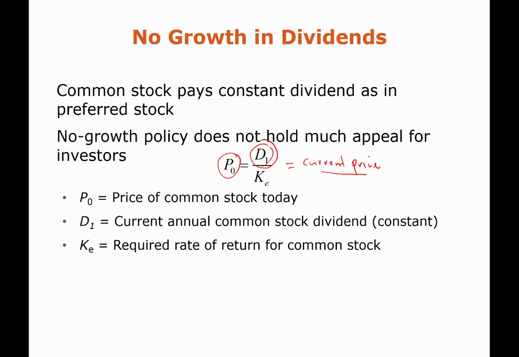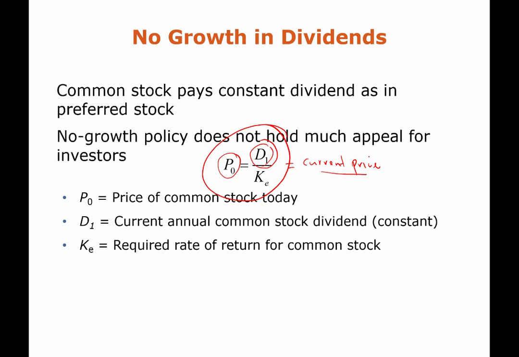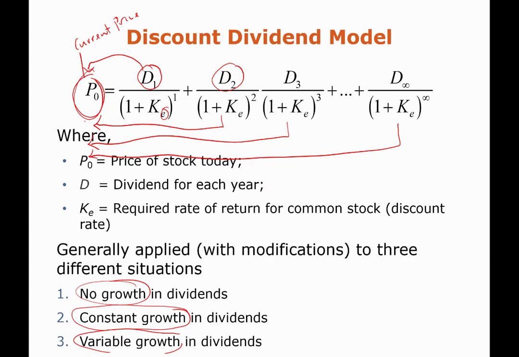If there's no growth, we end up using this formula to determine the value of the stock. But if there is a constant growth in dividends, and the constant growth could be a 2% growth, a 3% growth, but it's going to be constant every year, then in this case the current price of the stock is going to use the same formula you saw here.